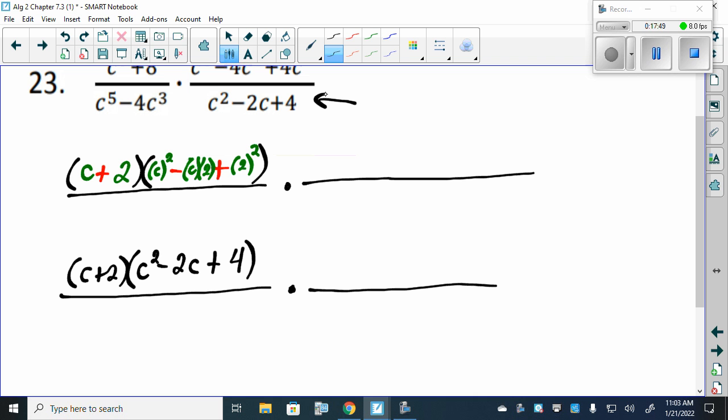So even if it did factor, do I have any real need to factor this here? No, because these here already match up. They're already going to be the same, so why factor it? We'll leave it alone. So over here, we can just leave this as c squared minus 2c plus 4, and we'll bring it down here.